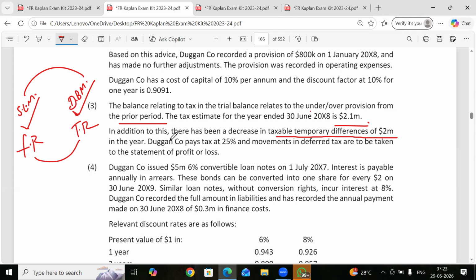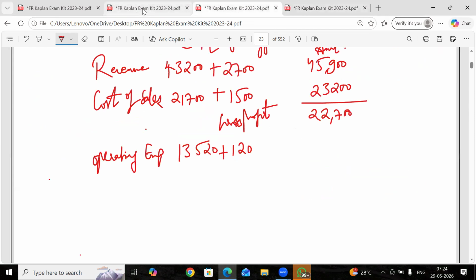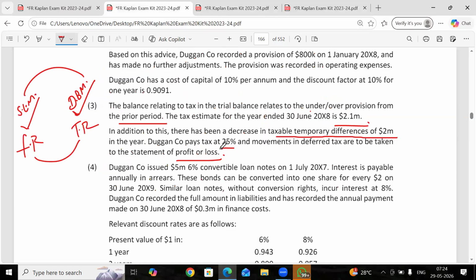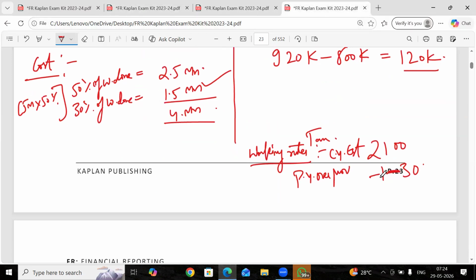That will also reduce your tax payments, yes or no? So the company pays tax at 25%, and movements in deferred tax are also taken in the statement of profit or loss. So any movement of that kind, we have to take in the financial statements. So now we will adjust that also, and we will take the entire amount of tax in the financial reports. So what is that? 2 million is almost around 20 lakhs.